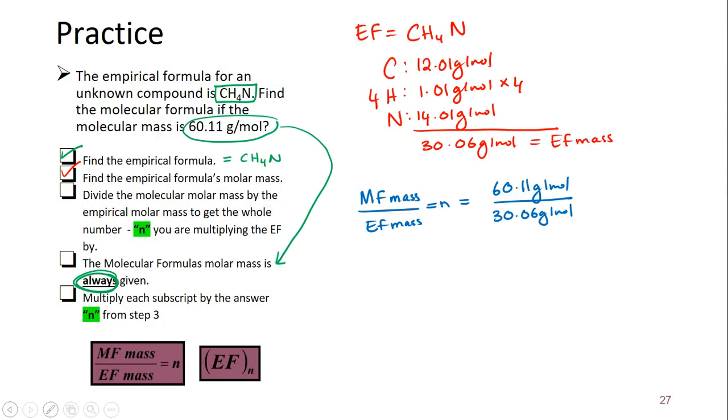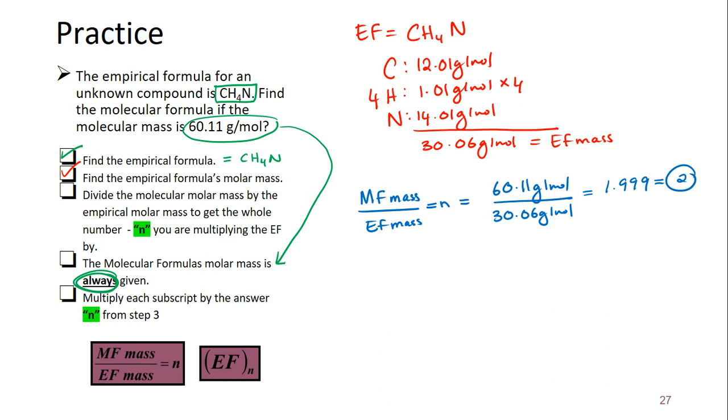There we go. 30.06 grams per mole, and that is equal to 1.999, which can be rounded to 2. Okay, it's 1.996. So that's 2. That's the whole number that we have to multiply our empirical formula by. So that is my N.